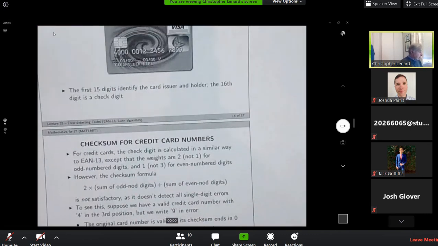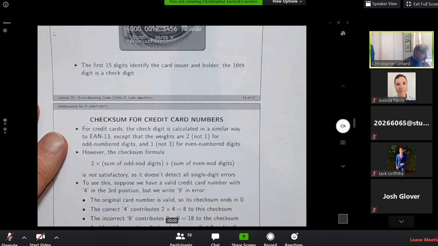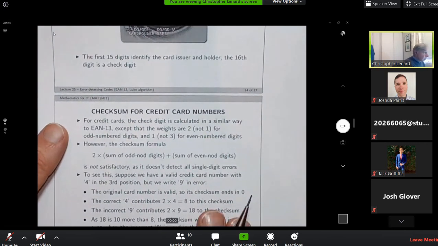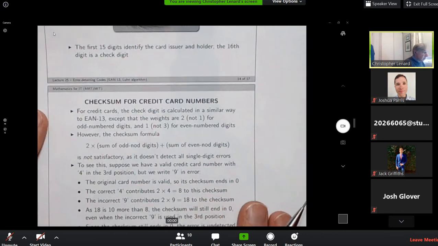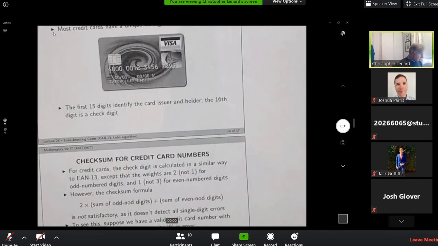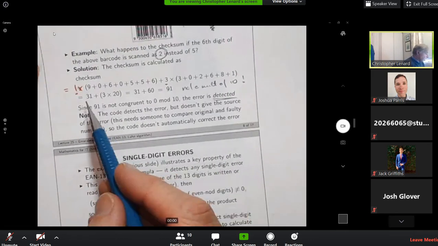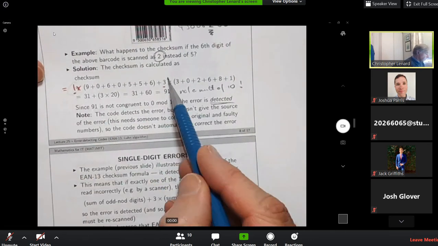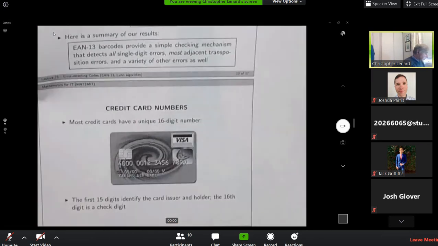Okay, credit card numbers. It's very, very similar, except that instead of having a weight of 1 and 3, credit card numbers have different weights.